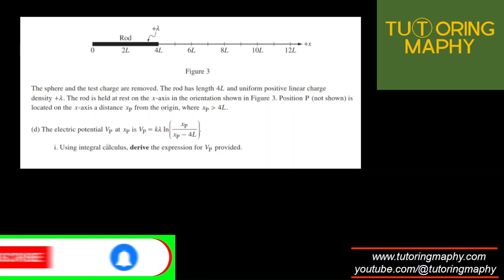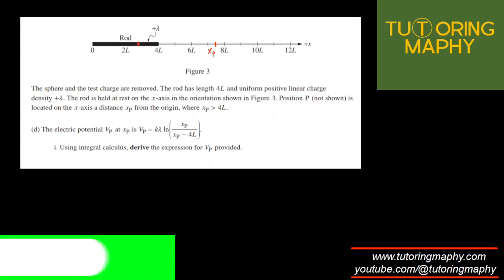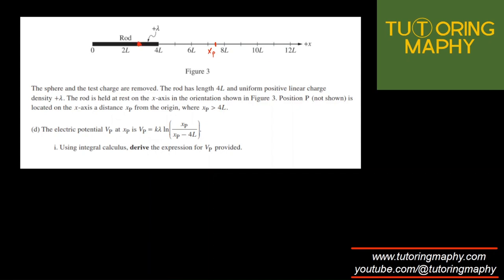Okay. Let's do that. Let's say xp is somewhere over here. We do not know where it is. So what we are going to do is take an elemental mass of this rod. Let's call this dm. And from this dm, we are going to take the distance of that point.